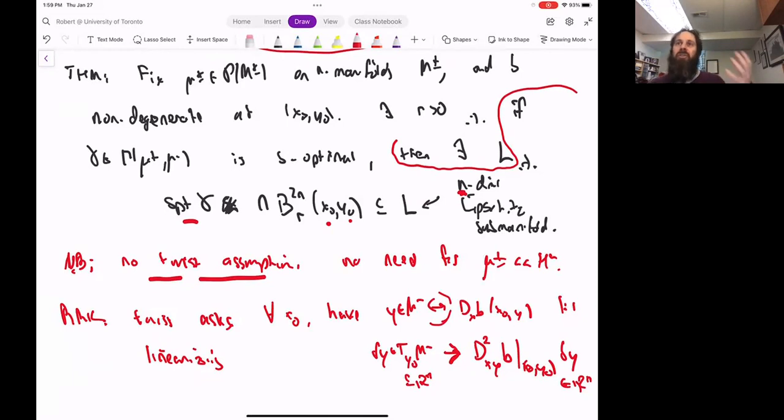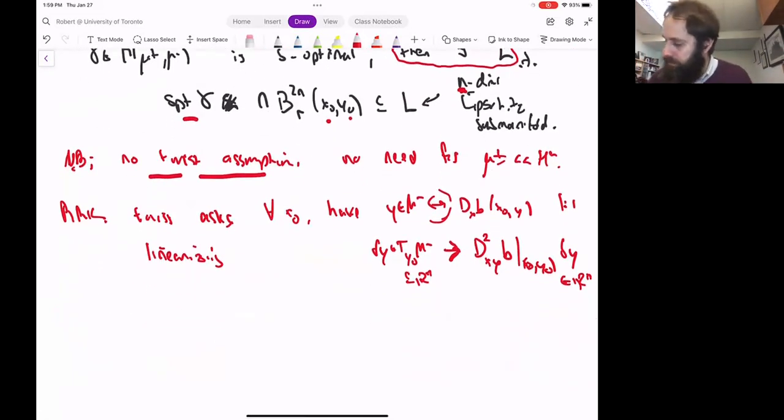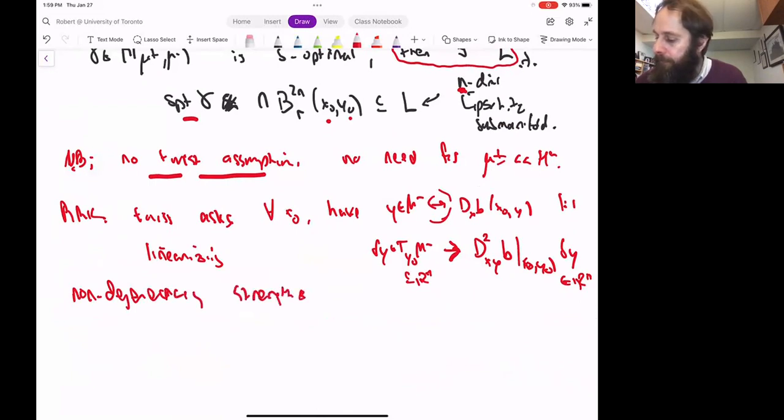So in some sense, non-degeneracy is a locally stronger but globally weaker version of twist, because it says not only is the mapping locally one to one, but when you linearize it, the linearization is also one to one. It strengthens twist locally, but weakens it globally.